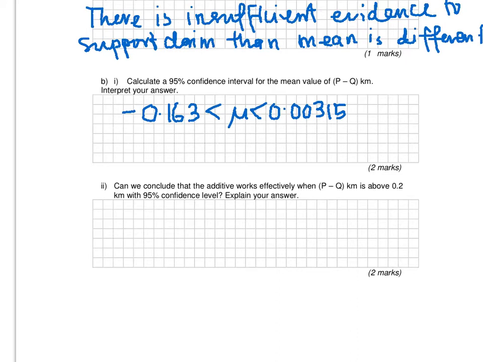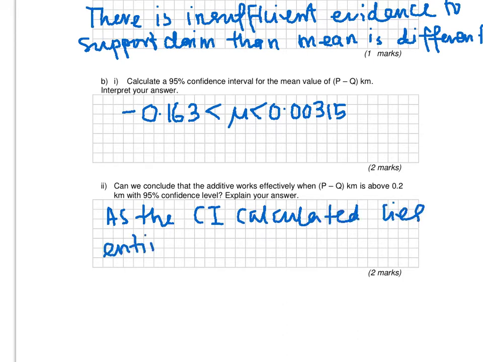Finally, the question asks us whether it can be concluded that the additive works effectively when the difference in the distance travelled with and without additive is above 0.2 at 95% confidence level. This is assessing claims using confidence interval. As such, we will compare the value of the claim with the confidence interval obtained in part B1, as the confidence interval calculated lies entirely below 0.2 kilometer.